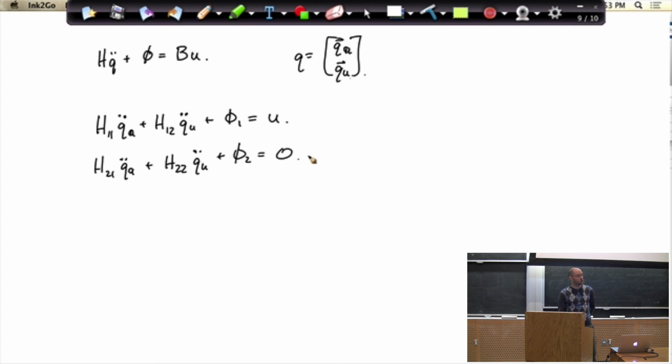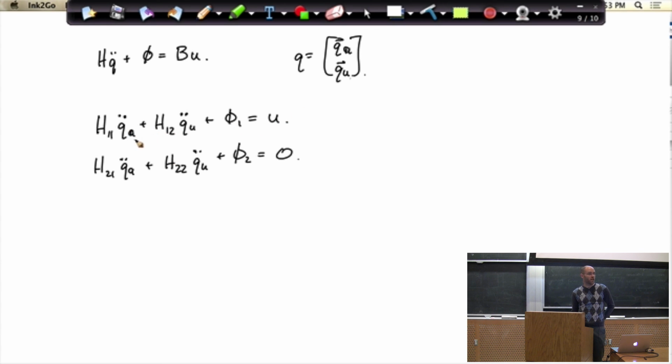Okay, and I can write down a general form for partial feedback linearization that involves the inertial matrices, basically for any manipulator. And the story is sort of what you'd expect.